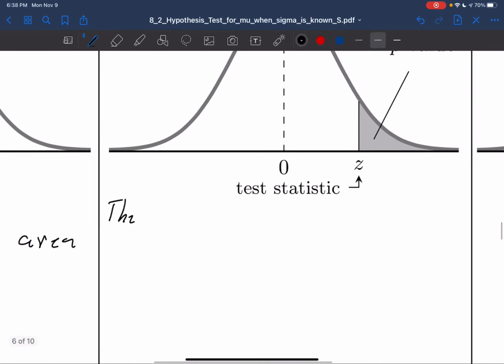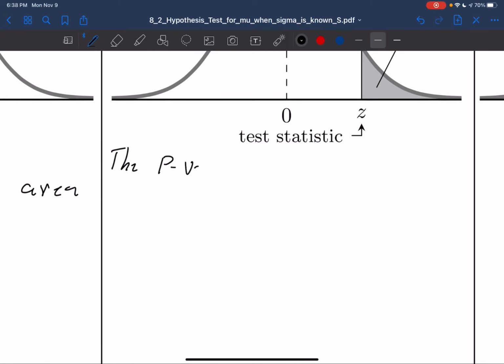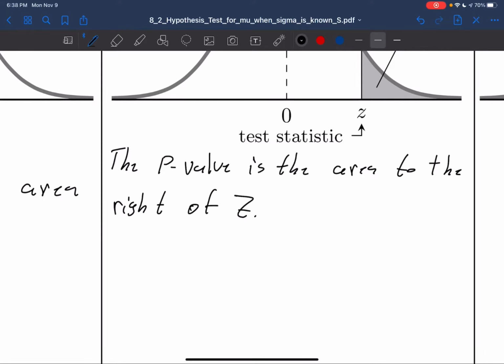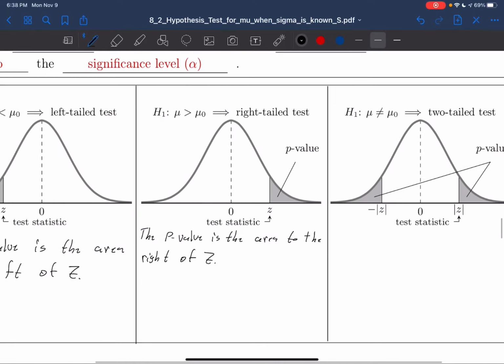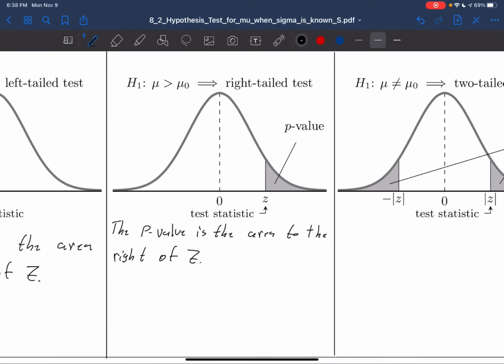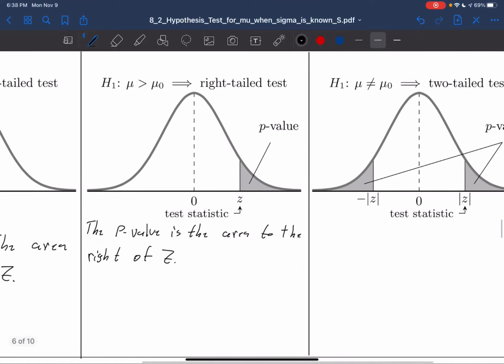The p-value is the area to the right of z. Cool. And again, we are already familiar with finding areas to the right of z values.